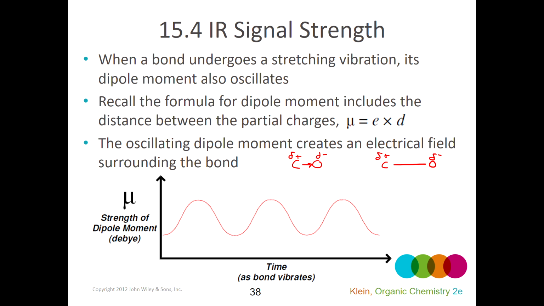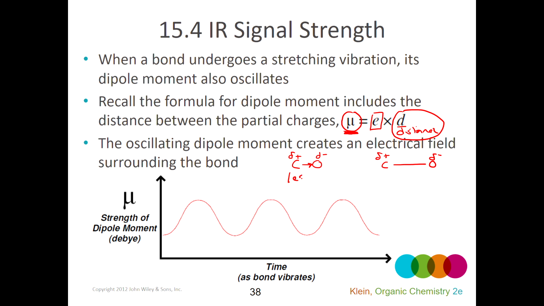But the dipole, the degree to which that polarity exists, or how polar the bond is, is not just affected by the quantity of charge, it's also affected by the distance. So the farther apart the partial positive and negative are, when I multiply that by the quantity of partial positive and negative, that's what really determines the magnitude of the dipole.